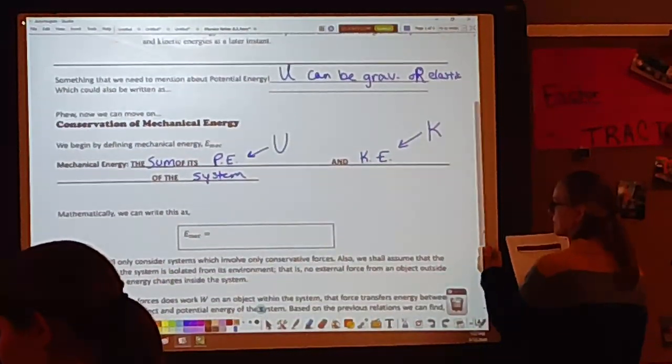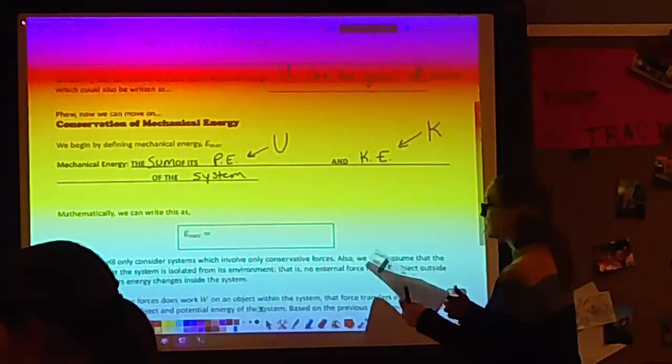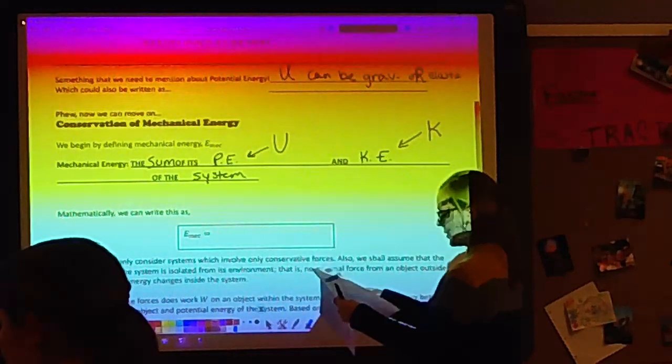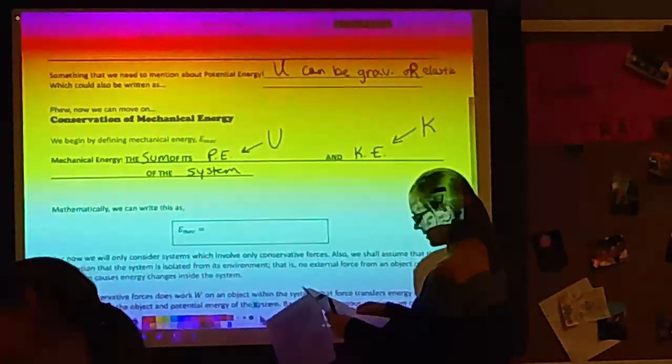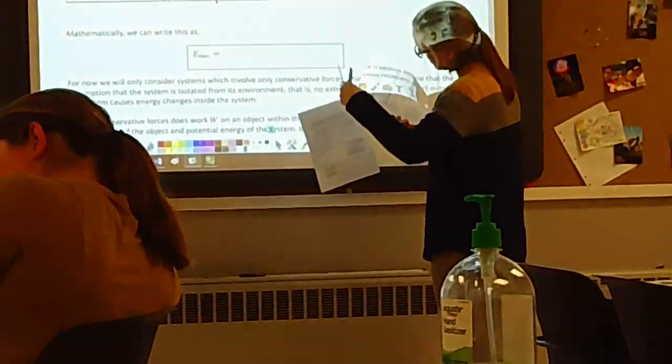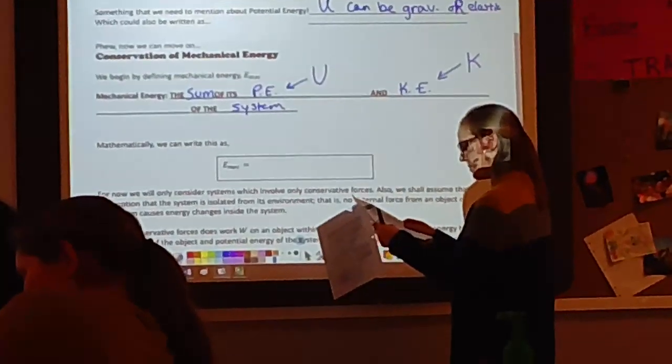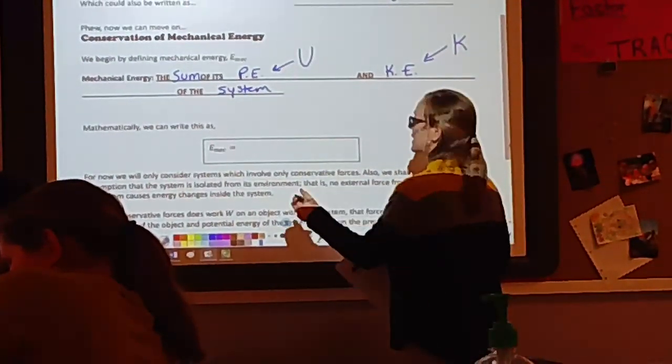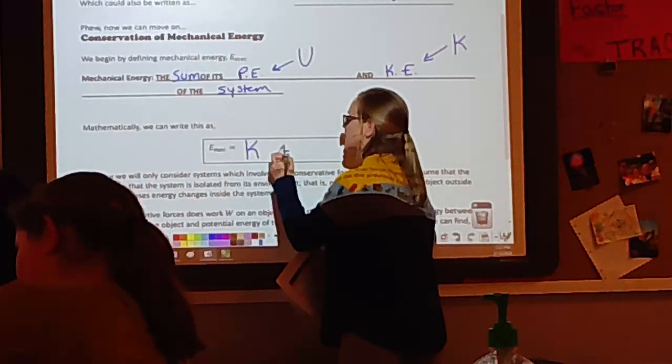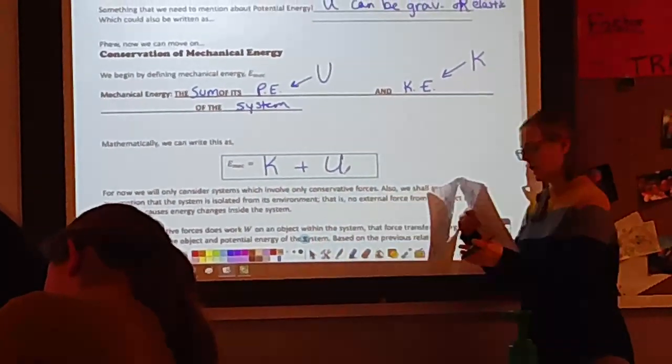Mathematically, we can write mechanical energy as kinetic plus potential at any particular point.